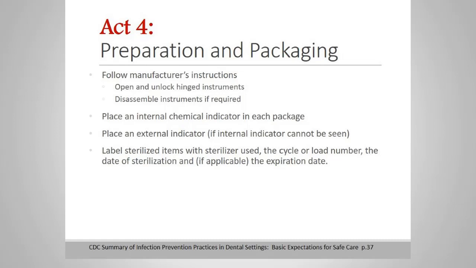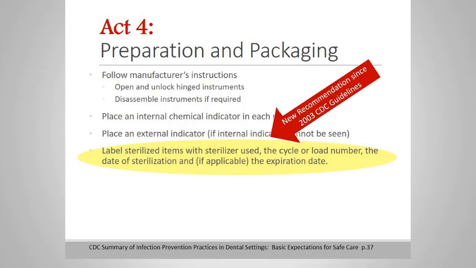And this all comes from the CDC summary, Basic Expectations for Care. Note that the highlighted area of labeling the sterilized items is a new recommendation since the 2003 CDC guidelines.